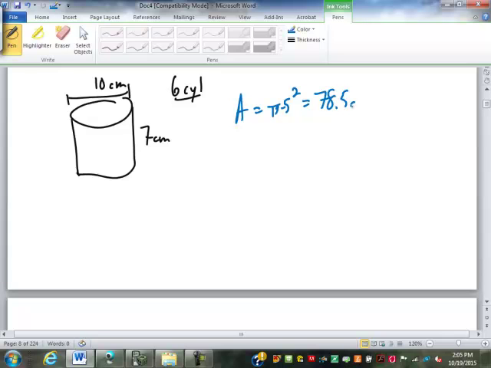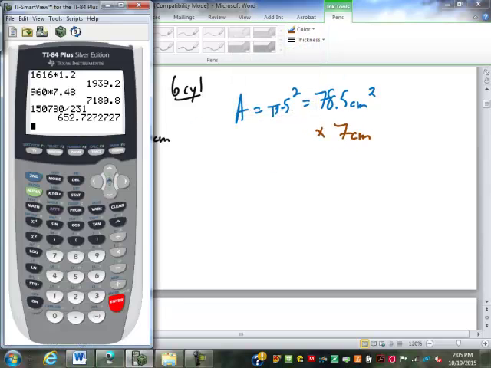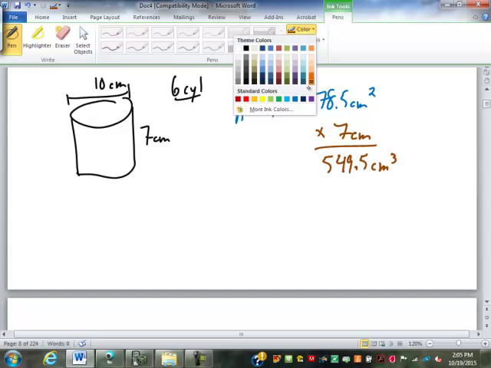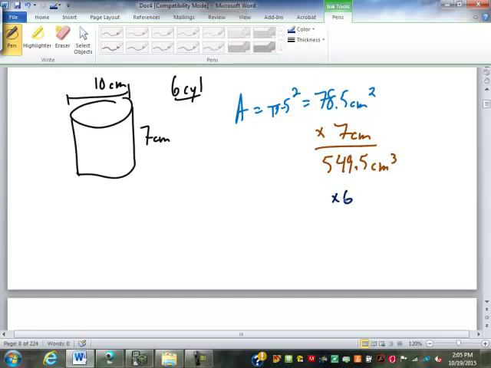Or 78.5 centimeters squared, times the 7 centimeters, gives the volume in that cylinder of 549.5 cubic centimeters. Now, of course, there are 6 cylinders, so times 6.